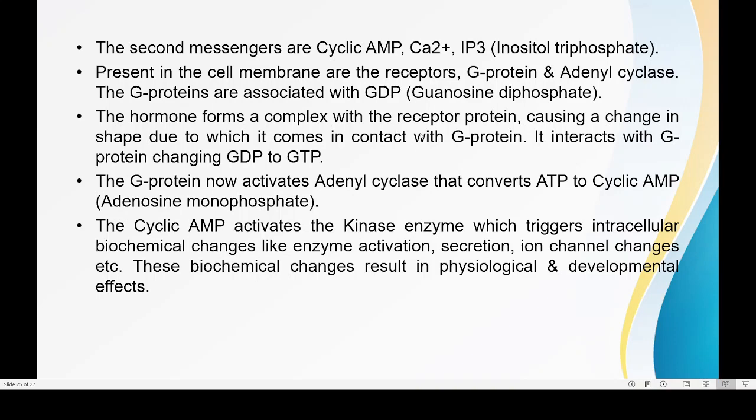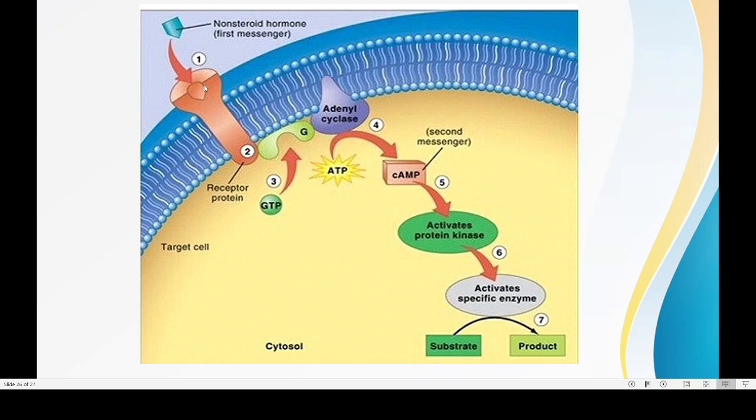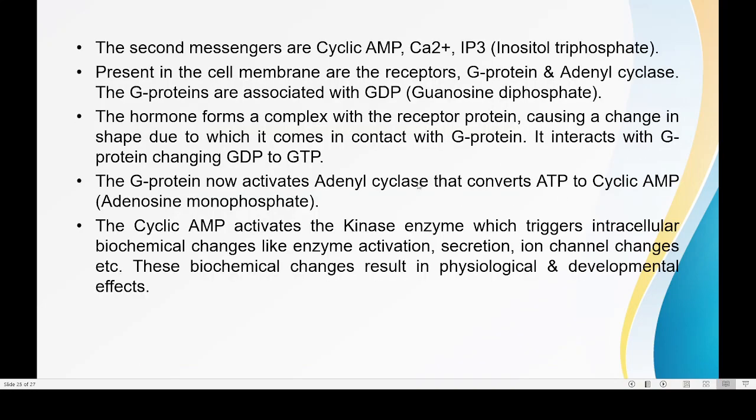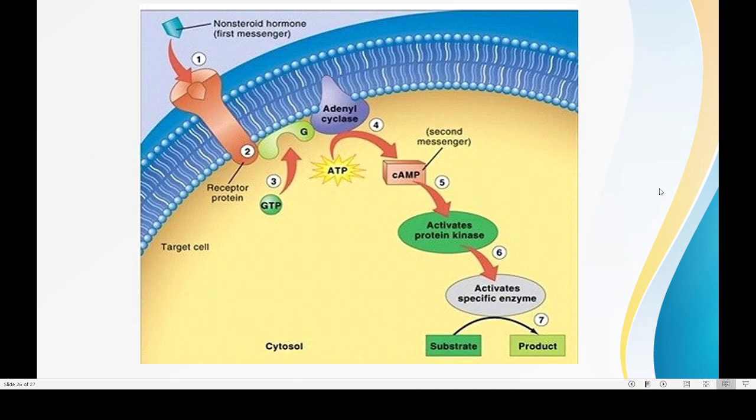When that happens, there is a change in the shape of the G protein. When this shape changes, GTP gets attached to the G protein. The G protein now activates adenyl cyclase, which converts ATP to cyclic AMP. This is how the whole mechanism takes place.